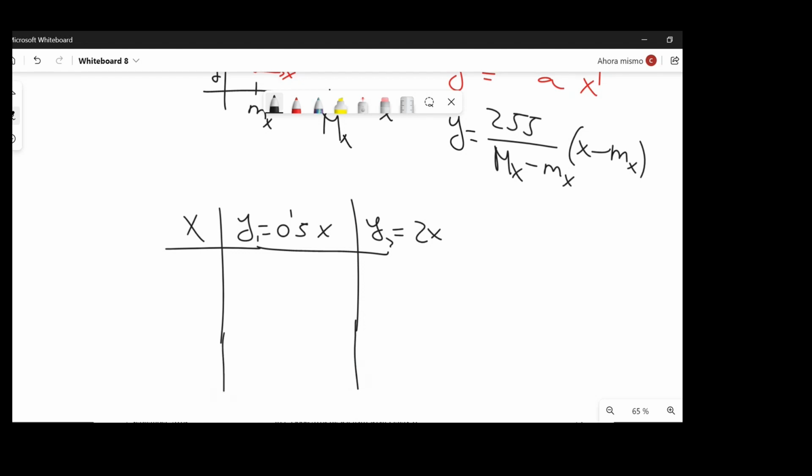Let's concentrate on the middle of the range. Say we have the value 128. According to this transformation, 128 will be transformed into 64. And according to the other transformation, let's forget for the moment that we are limited to 255.